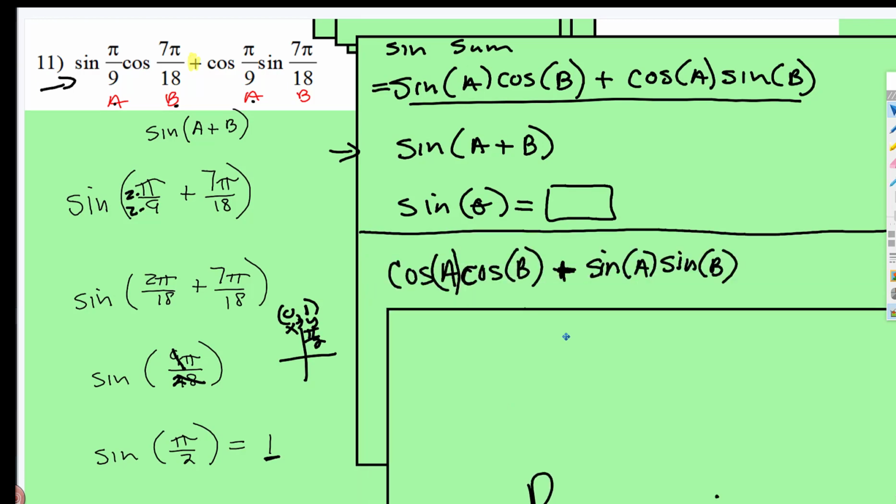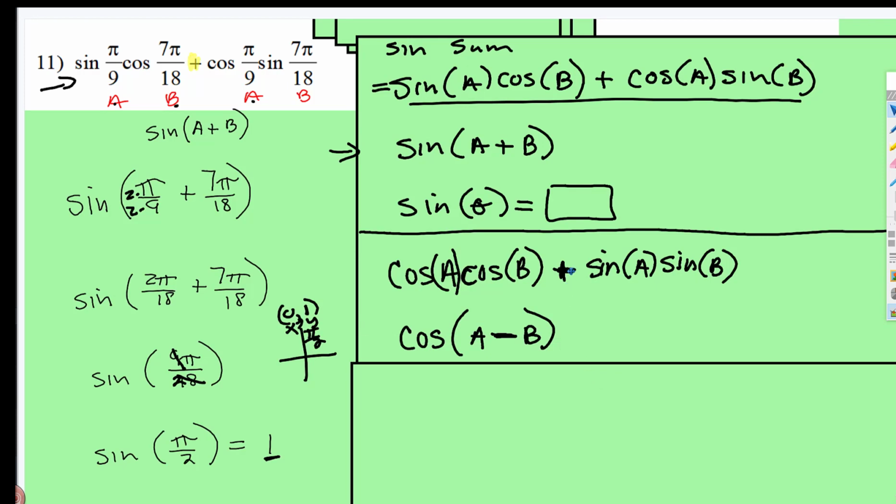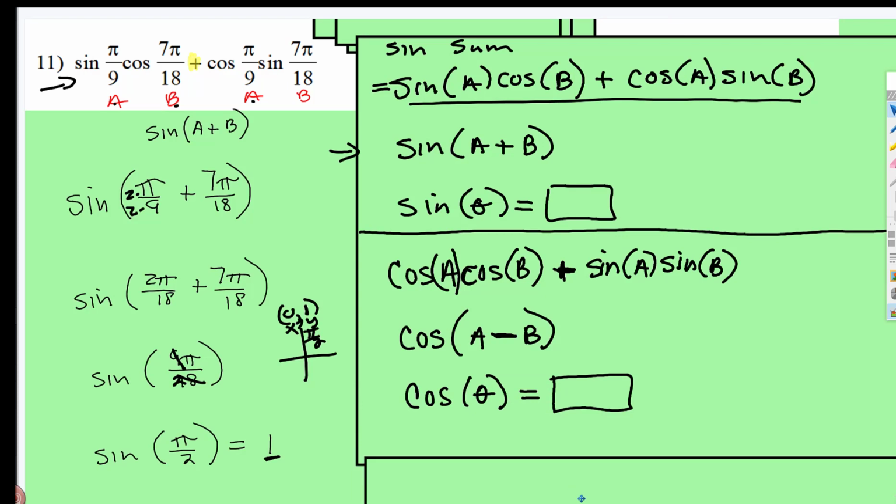So now the cosine process on the next problem we're going to be doing. If you have cosine times cosine plus sine times sine, whatever this operator right here is, you're going to use the opposite operator when you work in reverse. And then you're going to have cosine of theta is equal to a value.